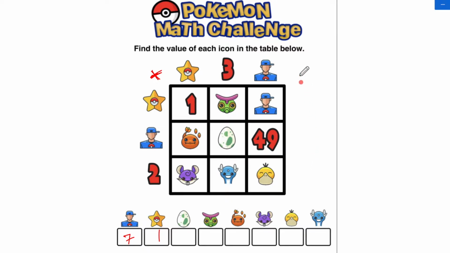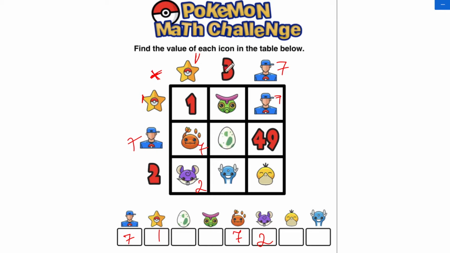Okay, so now we know this is 7, we know this is 1. Let's see here, 7 times 1, because we know this is 1 and this is 7. 7 times 1 should be 7, so it means this guy here should be 7. Then we have 1 times 2 is 2, so this mouse here is 2.